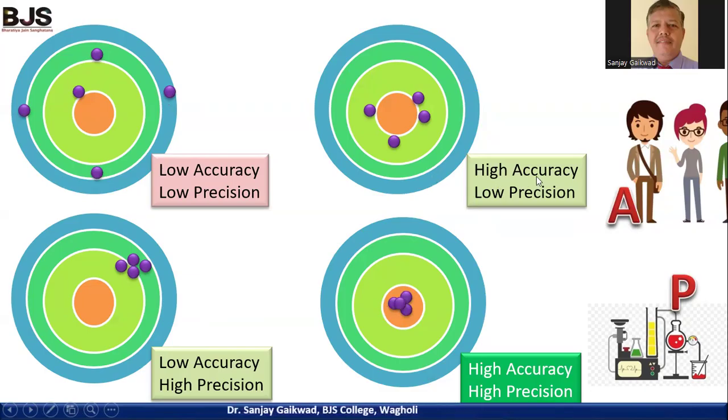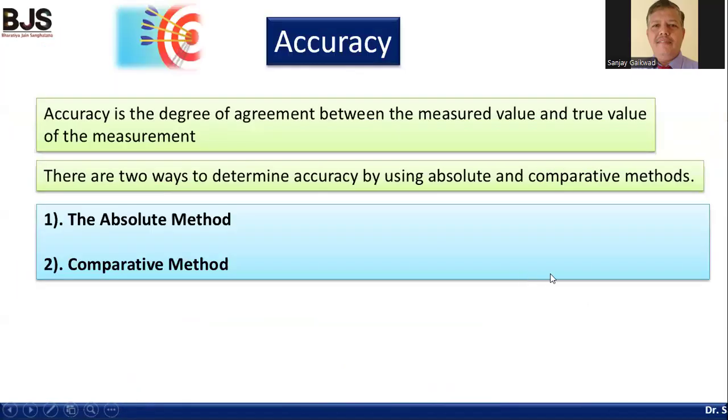Next, high accuracy means the results are near to this point, but they are scattered, with low precision. While these results are very near to each other but far from the correct result, it is low accuracy and high precision. But in this case, it is high accuracy and high precision.